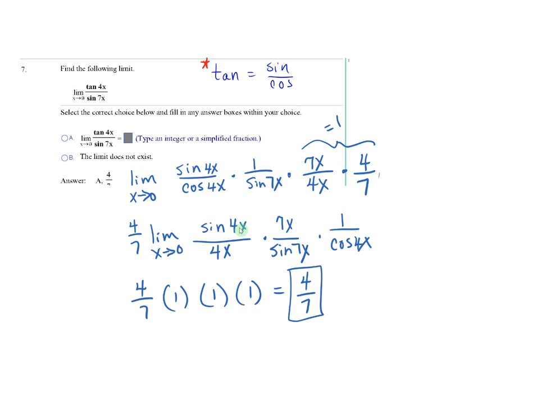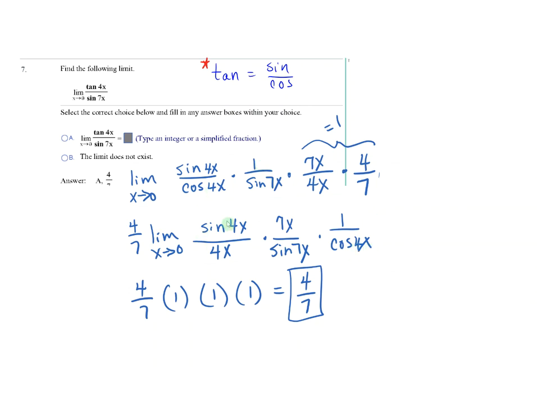Now what do I have? I have sine 4x, and I've got a 4x on the bottom. These are all being multiplied, so I can just move them around. The 4x can go there. I've got a 7x on top. I've got a sine 7x for the bottom. And then I have a 1 over cosine 4x.